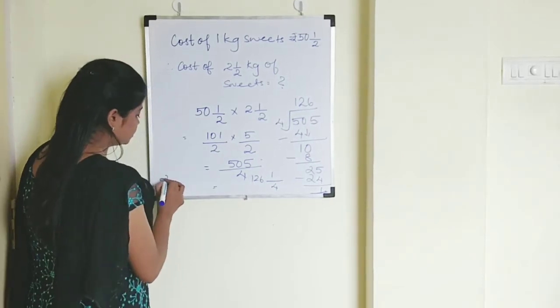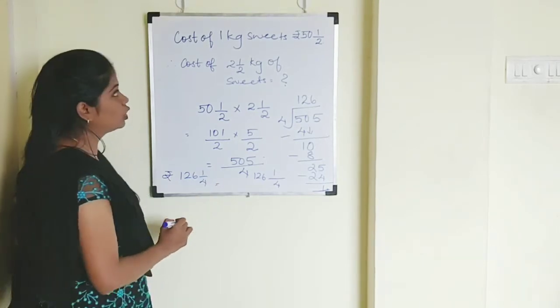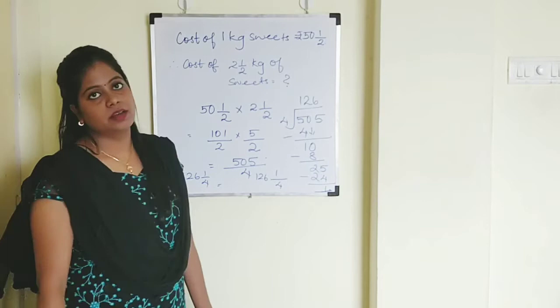So your answer is 126 1 by 4. The cost of 2.5 kg of sweets is 126 rupees 1 by 4.